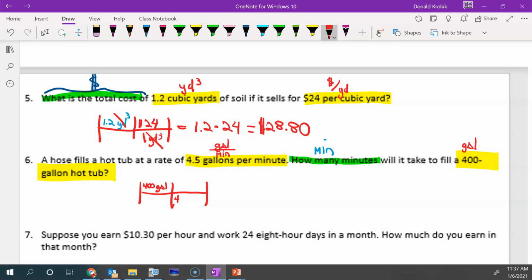I'm going to have to put the 4.5 on the bottom and 1 minute on the top. Now they cancel. And all I'm left with is minutes, doing this division. Okay, 4.5. And that would be, if I rounded it, 88.9 minutes.